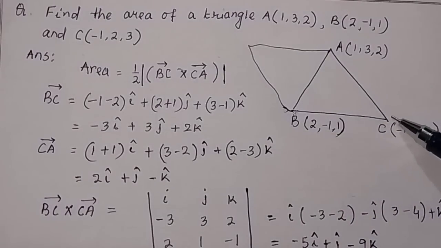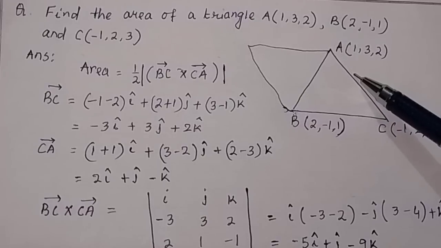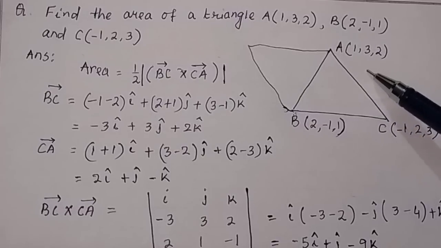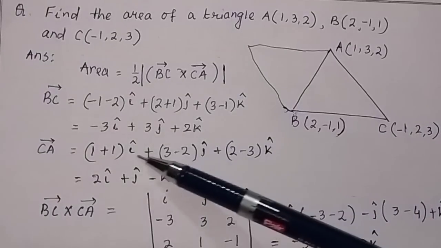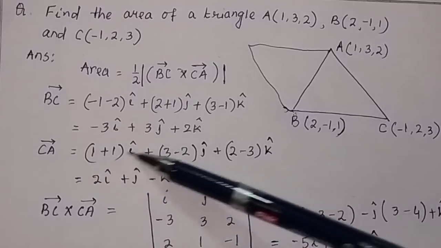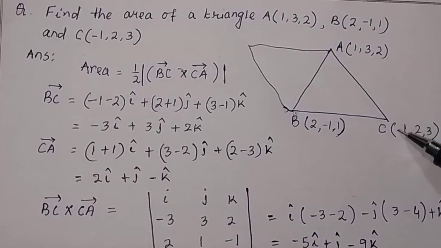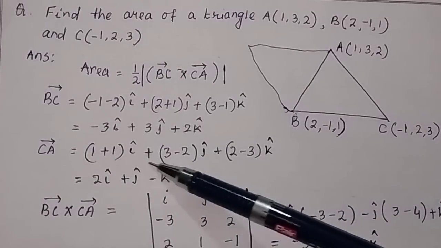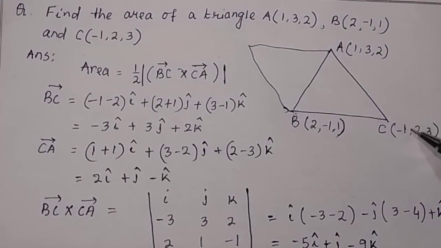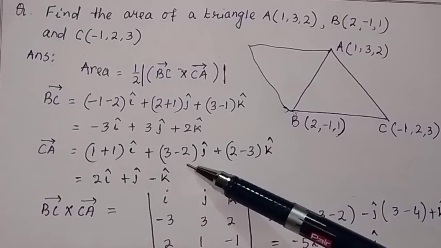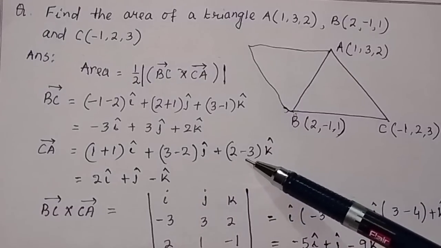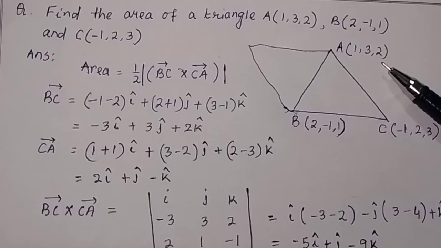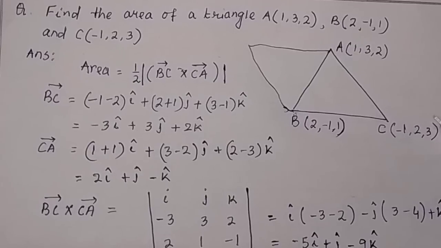Similarly, you can find out the vector CA using the same formula, (x2 minus x1) into i cap plus (y2 minus y1) j cap plus (z2 minus z1) k cap. You find out the vector CA, that is 1 minus minus 1, so 1 plus 1 i cap, plus 3 minus 2 into j cap, plus 2 minus 3 into k cap, here the coordinate is 2 and here the coordinate is 3.